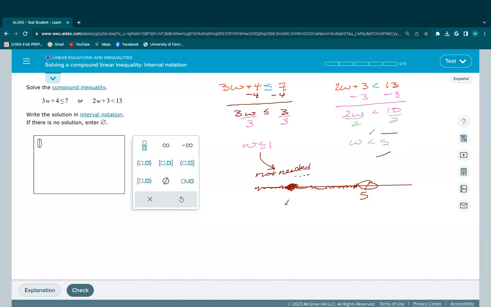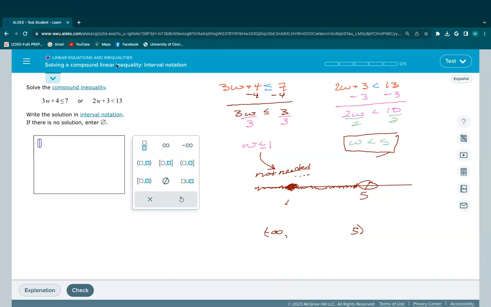So this is the one that I need to get in interval notation. Remember, interval notation always starts with the lowest number that's going. So in this case, it's negative infinity, and that always gets the rounded parentheses. And it's going to the other endpoint, which is the 5, and that is an open circle, so that is the rounded. And I'm ignoring the middle one.